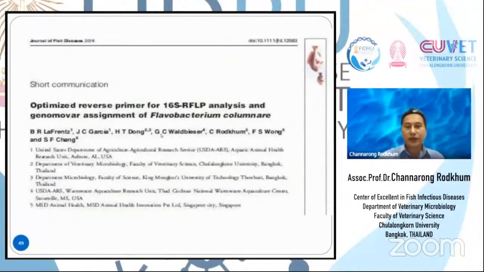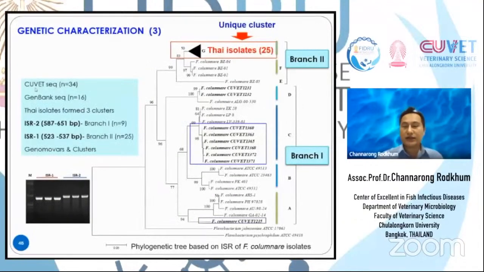After that, we collaborated with Dr. Benjamin LaFrentz from USDA, and we published this paper titled Optimized Reverse Primer for 16S RFLP Analysis, Genomovar Assignment of Flavobacterium columnare.